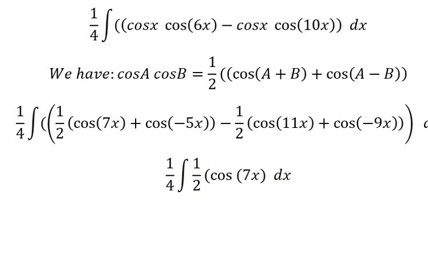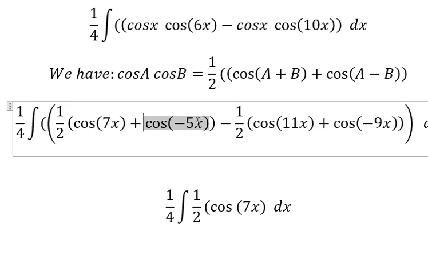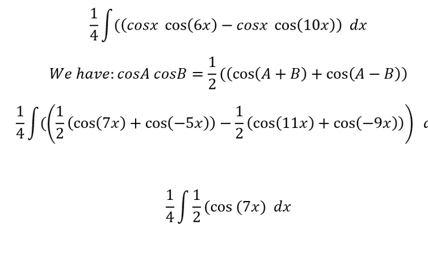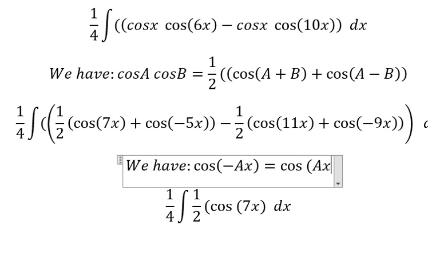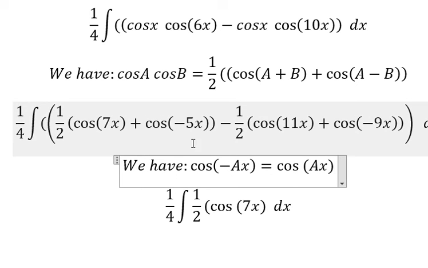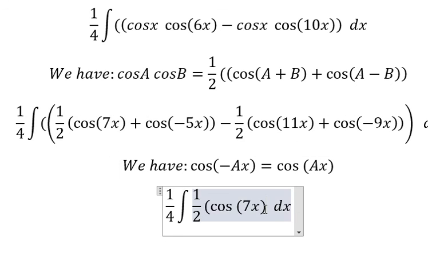So we know that we have the formula for this one and this one. Cos of negative 5x equals cos 5x. So in this situation, we have cos 5x.